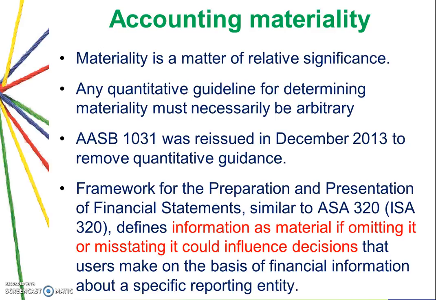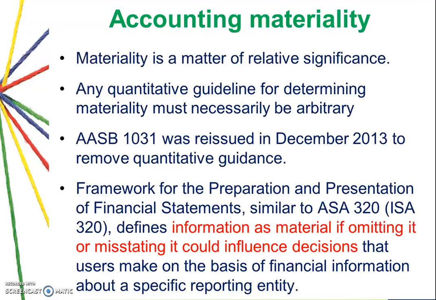The new concept we're looking at here is accounting materiality. Materiality level is a matter of relative significance. There is a framework, the auditing standard, for preparation and presentation of financial statements.